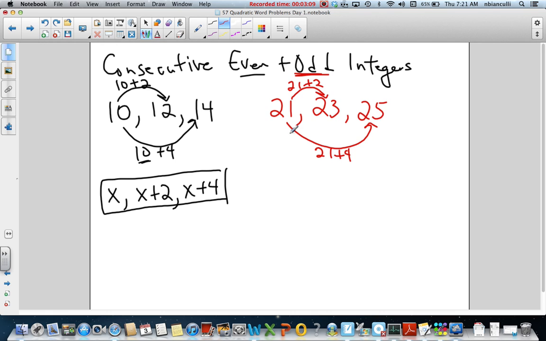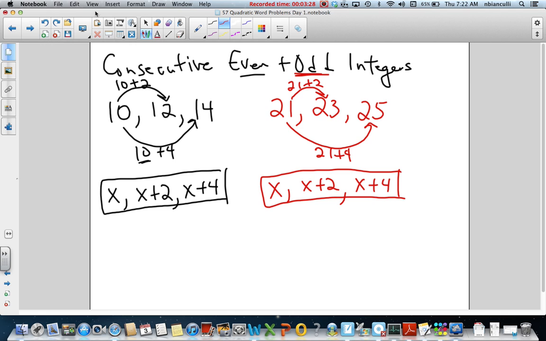So consecutive odds work the same way as consecutive evens. If I start off with x, the next one is going to be that number plus 2. And the next number is going to be x plus 4.